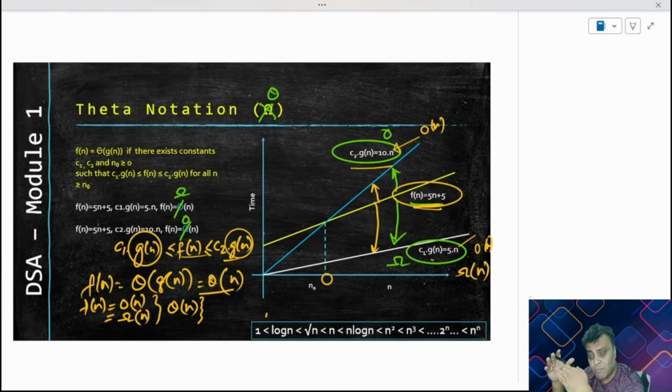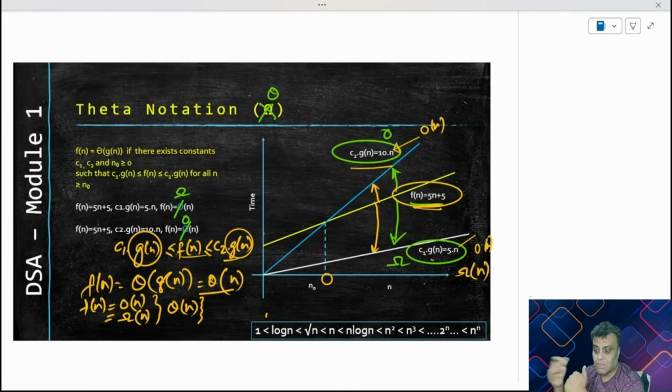So you already had a polynomial which was following a linear complexity class, and then you said give me the upper bound, lower bound. As I said, if you have something which is following a complexity class, then the upper bound will also be that complexity class, the lower bound will also be that complexity class, and therefore the tight bound will also be that complexity class because it follows Gn.